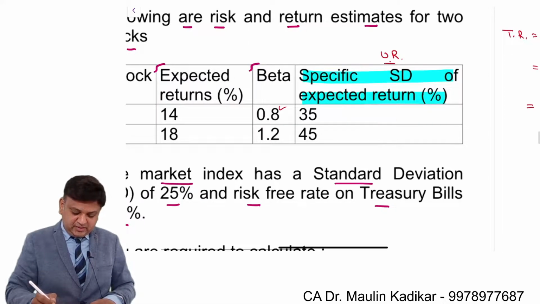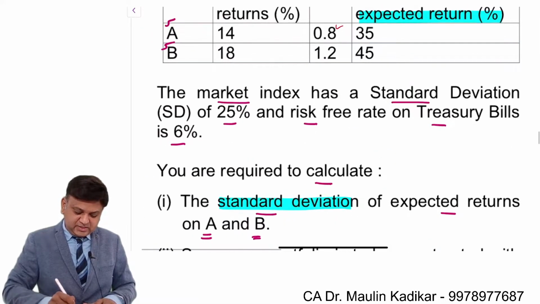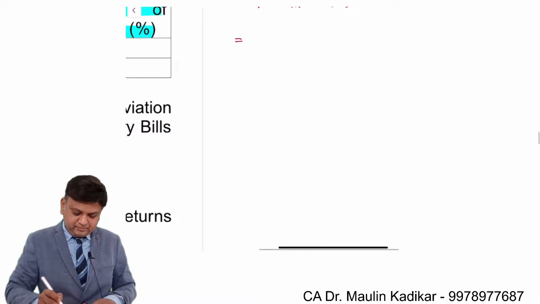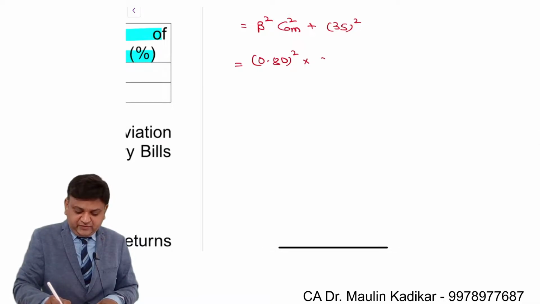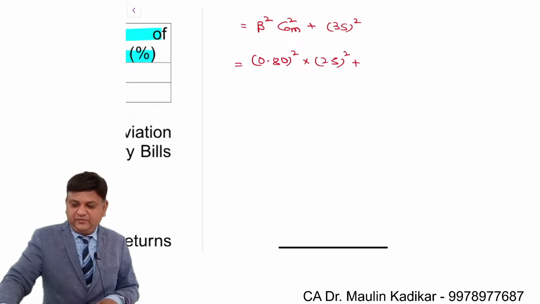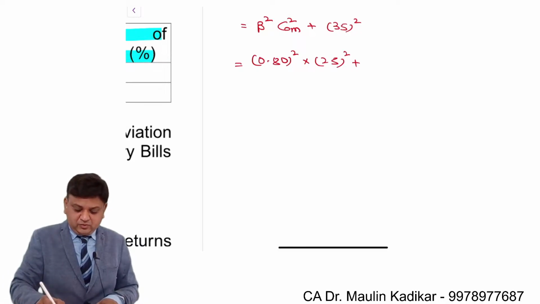Beta is 0.8 and this is 25. So this is 0.8 raised to 2 into 25 raised to 2 plus the square of 35, that comes to 1225.